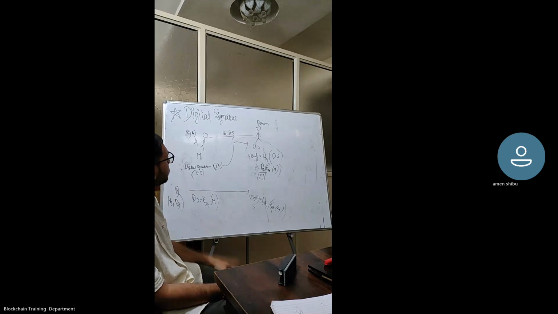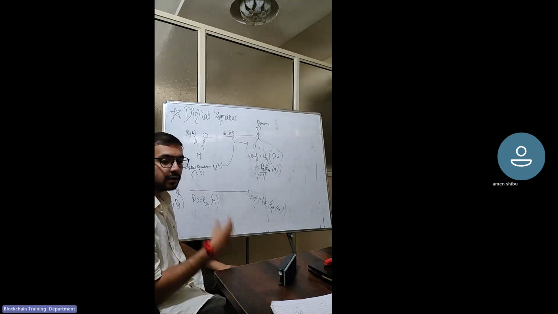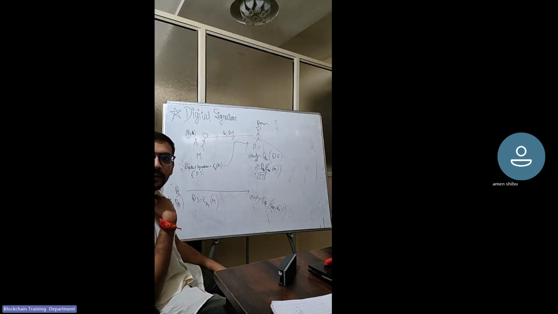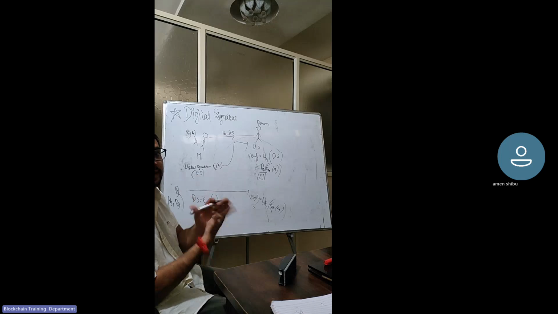Amin? Yes. So this is widely used in blockchain because, for example, as I told you yesterday, if I have to send you 5 Bitcoin, I have to digitally sign it, showing that this is Manteve who is sending 5 Bitcoin to Amin.